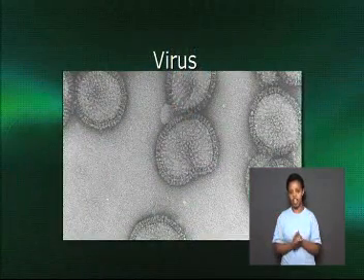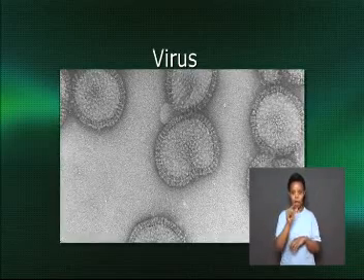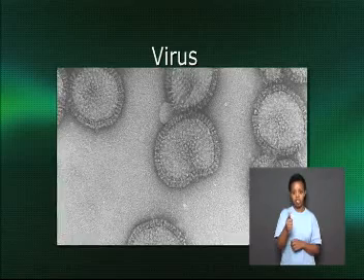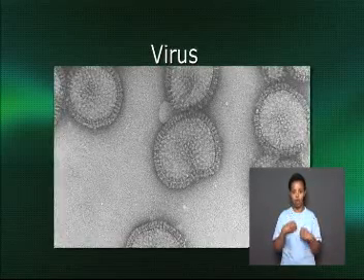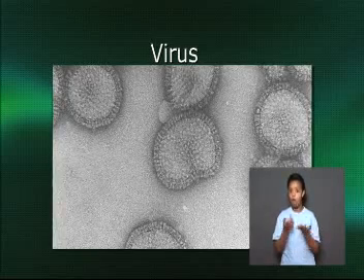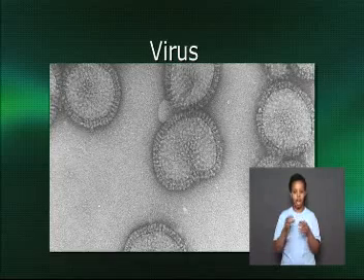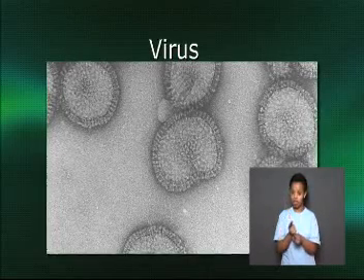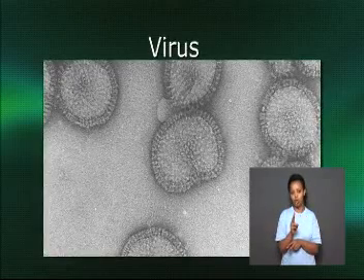A virus is a small infectious microorganism that can replicate inside the living cells of organisms. Most viruses are too small to be seen directly with a light microscope. In fact, viruses are much smaller than even the smallest bacterium.